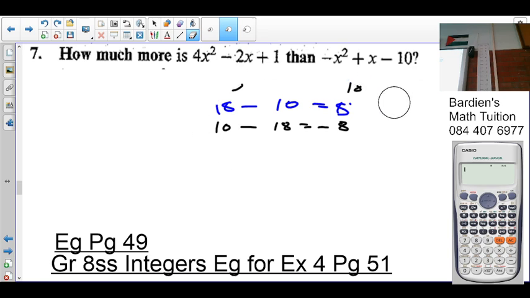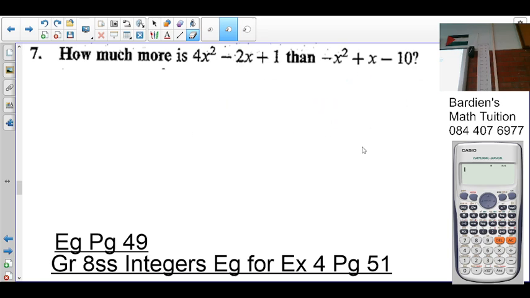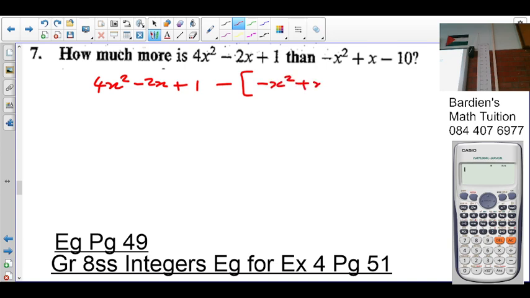Likewise here, how much more is 4x squared minus 2x plus 1 than negative x squared plus x minus 10? So what are you going to write first? 4x squared minus 2x plus 1, and then I have to subtract, brackets, negative x squared plus x minus 10.